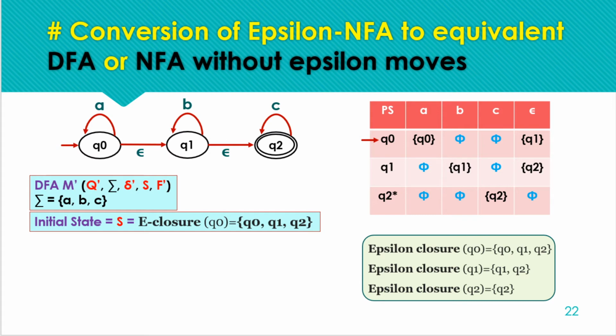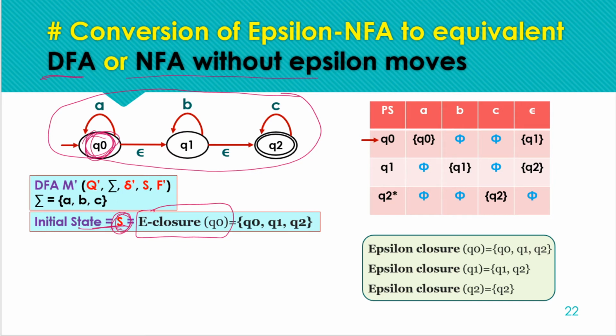So we start with the initial state for the resulting DFA, and the initial state of the resulting DFA is named S. S, the initial state of the resulting DFA, will be the epsilon closure of the initial state of the given NFA. So for this NFA with epsilon moves, the epsilon closure of the initial state will become the initial state of the resulting NFA without epsilon moves.